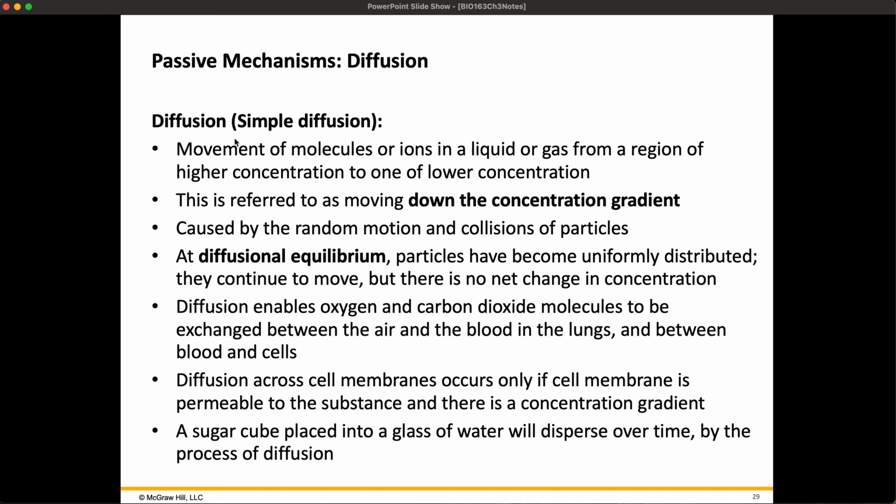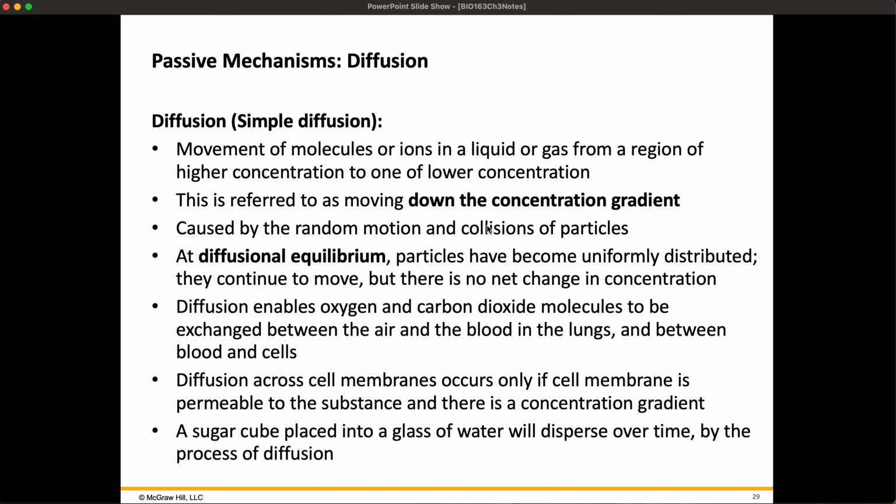Simple diffusion happens when you have movement of molecules or ions in a liquid or gas from a region of high concentration to low concentration. So this is moving down its concentration gradient. Let's say that you have a lot of glucose molecules outside of your cell and not very many inside of your cell. They can move passively down that gradient into the cell without needing any energy for it to happen.